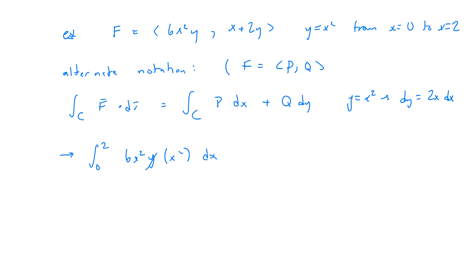So y is equal to x squared, dx, and then x plus y, and then dy. You can see it's basically like a dot product of the function with the derivative.